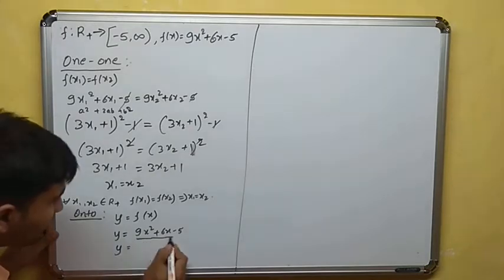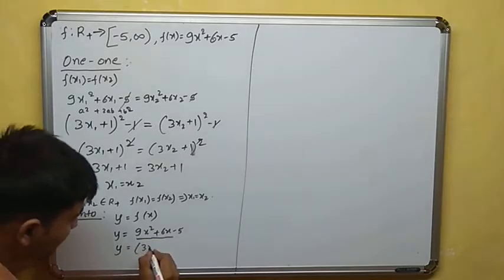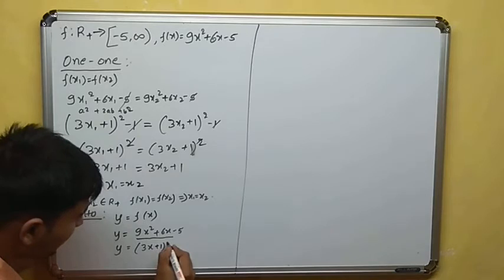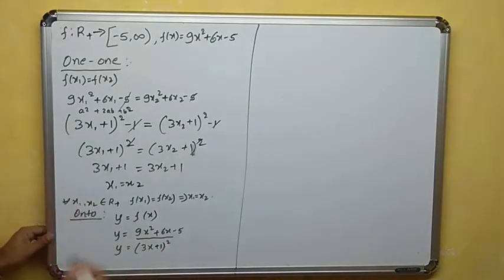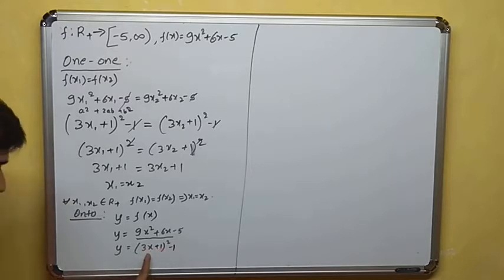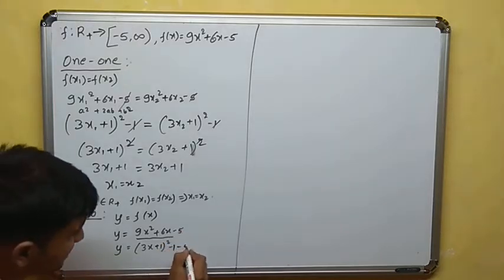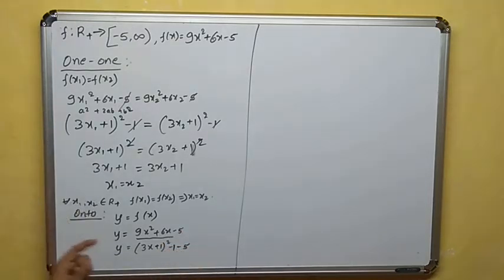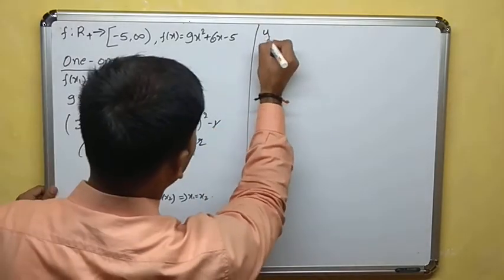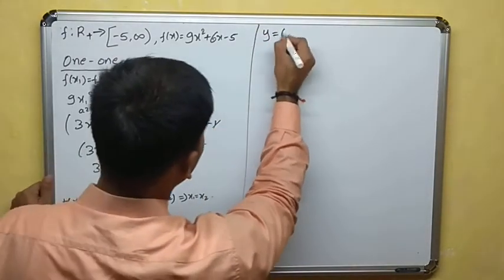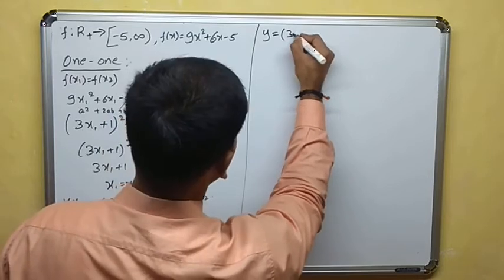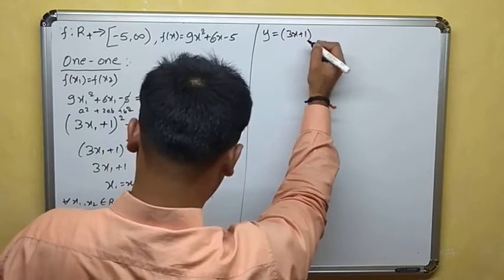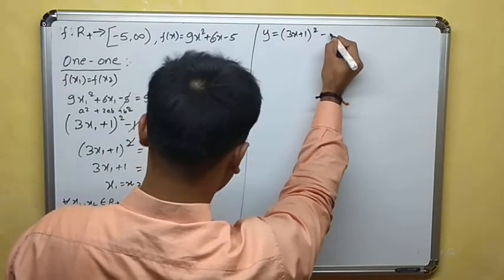This 9x² + 6x can be written as (3x + 1)² − 1, because (3x + 1)² is 9x² + 6x + 1. To balance that minus 1, but this minus 5 is an extra term. Therefore we can write y is equal to (3x + 1)² − 6.